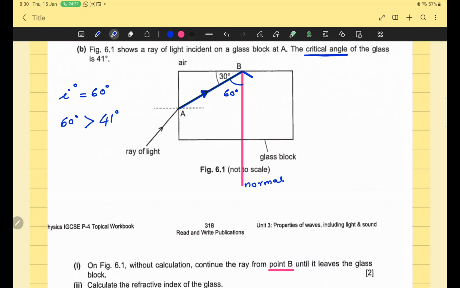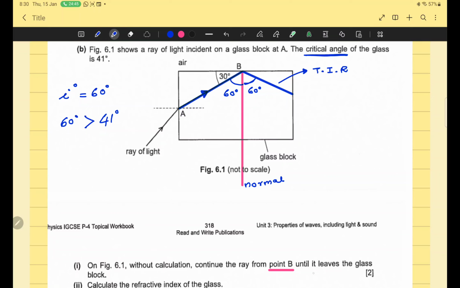For reflection, if the angle on the left-hand side is 60, then the angle on the right-hand side will also be 60. So at a 60 degree angle you will draw a ray, and this is total internal reflection.